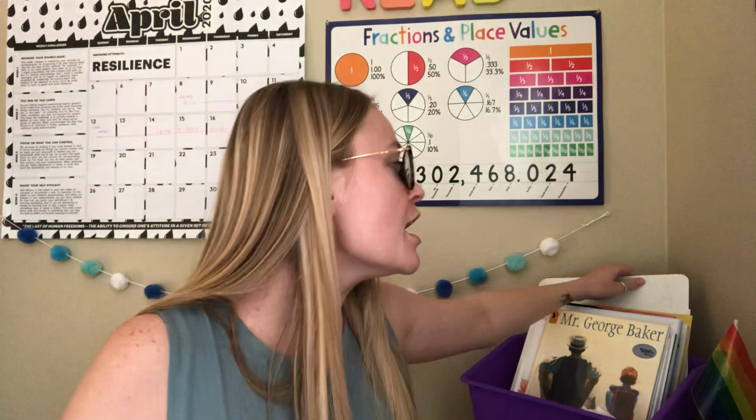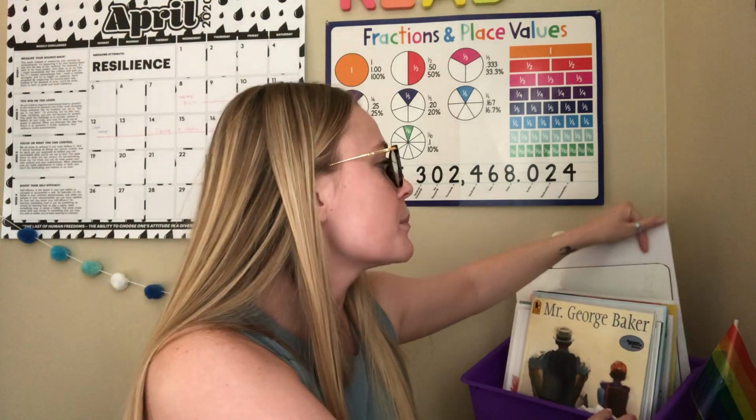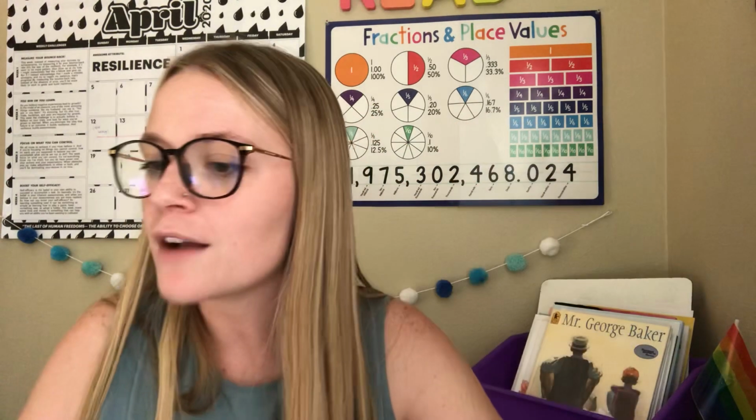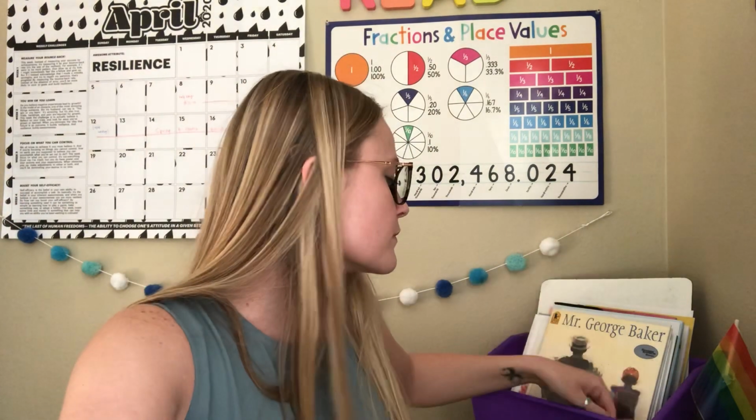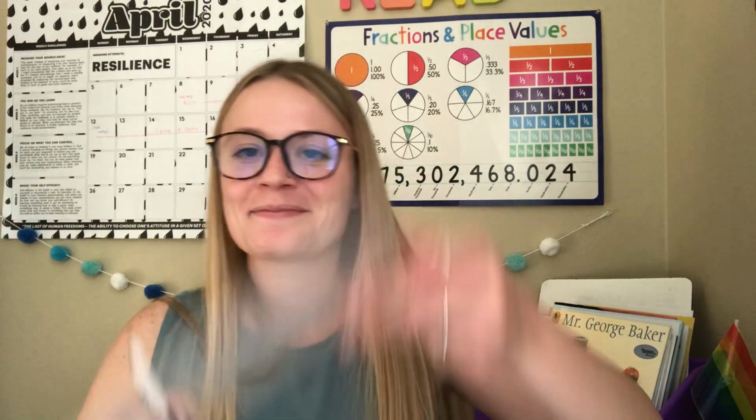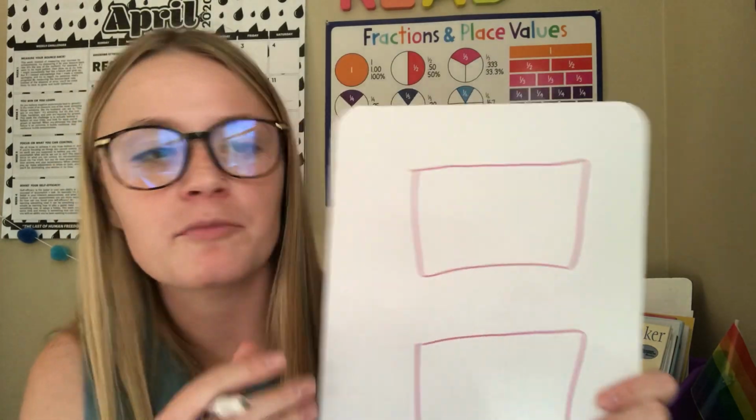I'm kind of going on a little bit of a tangent, but you guys know that that's just what Miss Lundquist does sometimes. Okay, here's my pan of brownies. I'm gonna draw it differently. Okay, hang in there. You guys are amazing. Okay, so here is a pan of brownies.